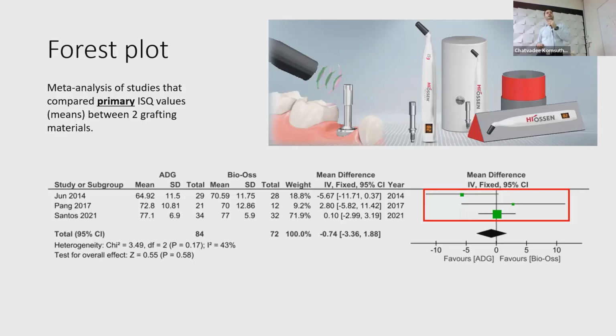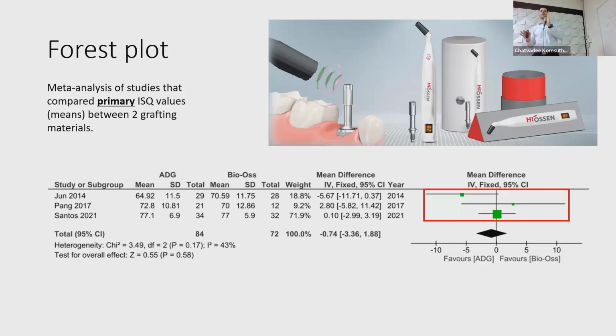So 72.8 minus 70, we basically get a positive number, and it is like this. Now the last one is at 0. Why is the last square around 0? Yeah, because the same values happen here. In the test group, the ADG group, we got 77.1, and BioOS we got 77, so it's around 0, and that is why here the square is around 0.